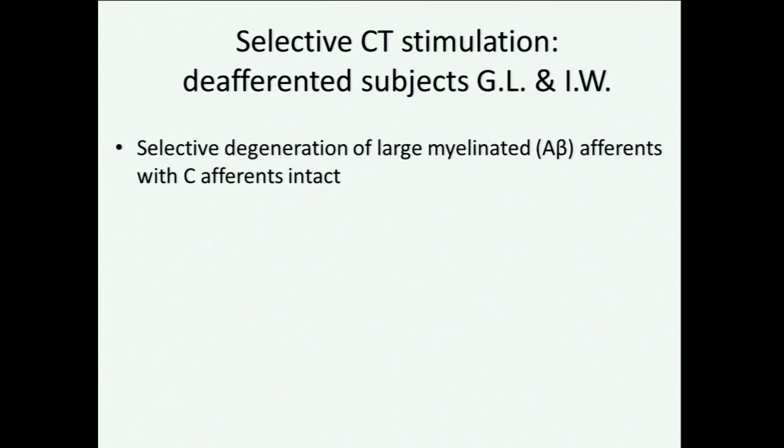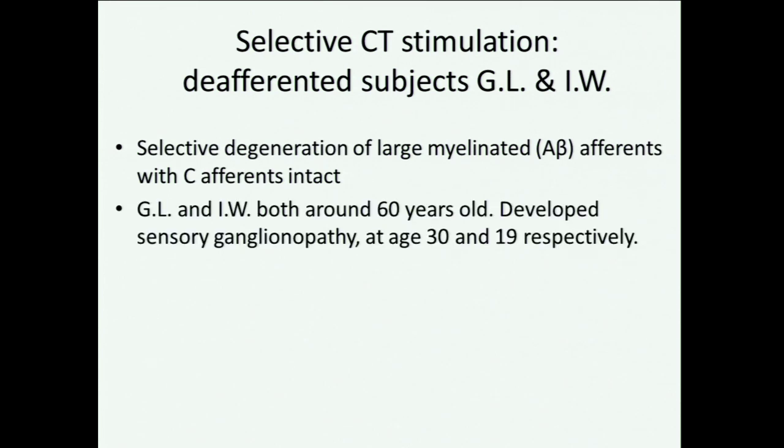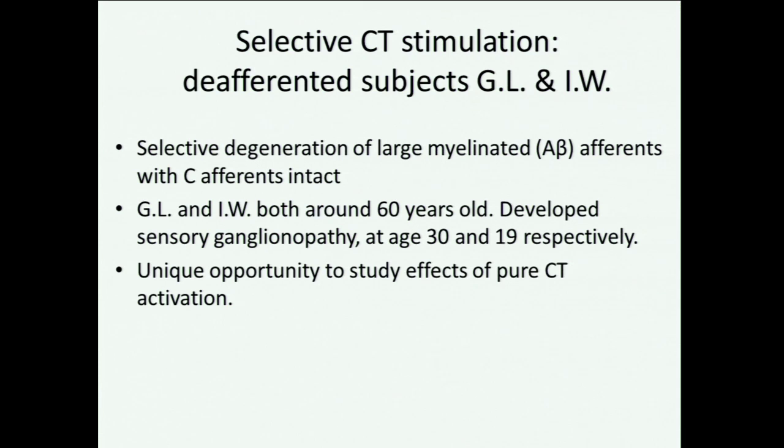These patients are now around 60 years old, and they developed sensory ganglionopathy when they were around 19 years. So they know what it is to have a normal touch system. And of course, they provided a unique opportunity to study the effects of the C-tactile system on perception and cortical processing without the A-beta system.